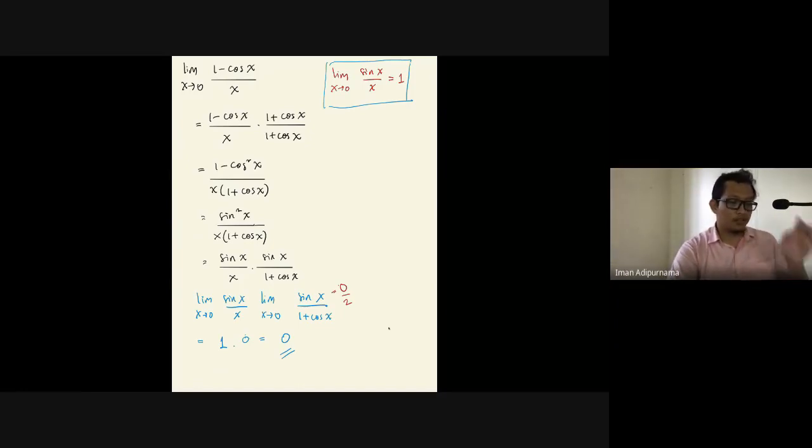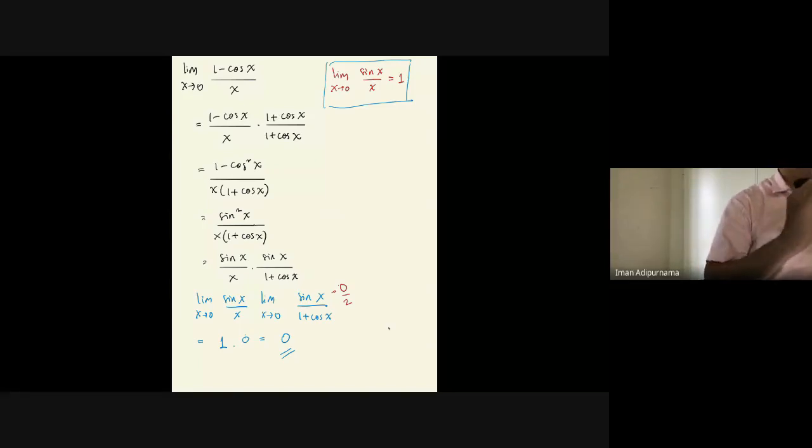Okay, that's all for the squeeze theorem and some additional notes. I think we now will be going to a section called the precise definition of a limit, or limit in the epsilon and delta definition.